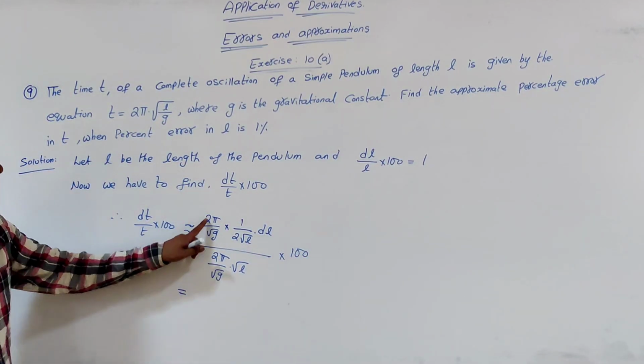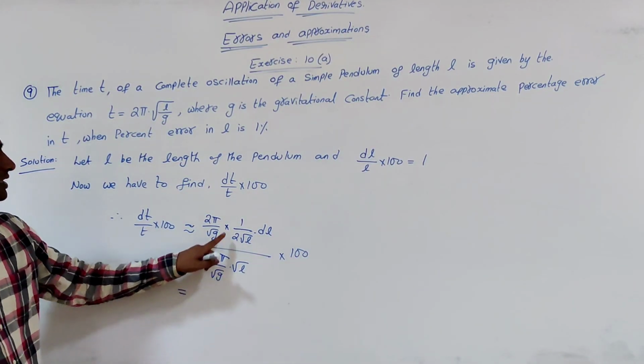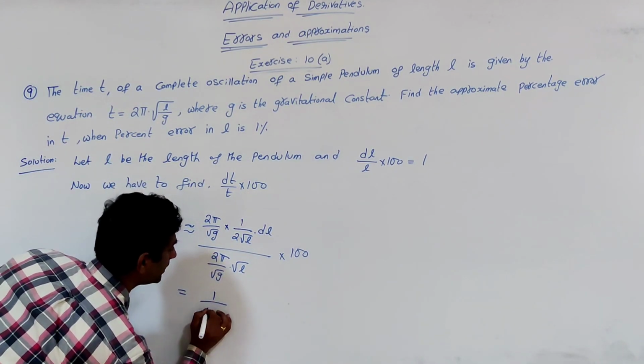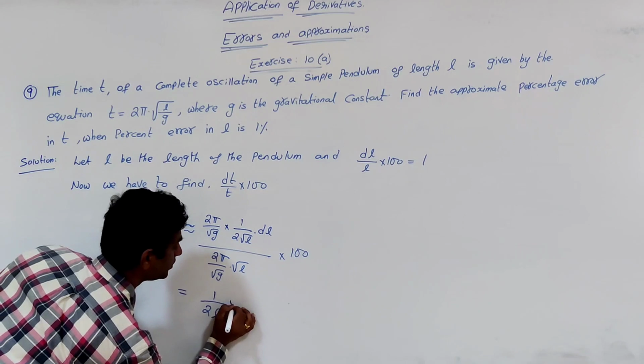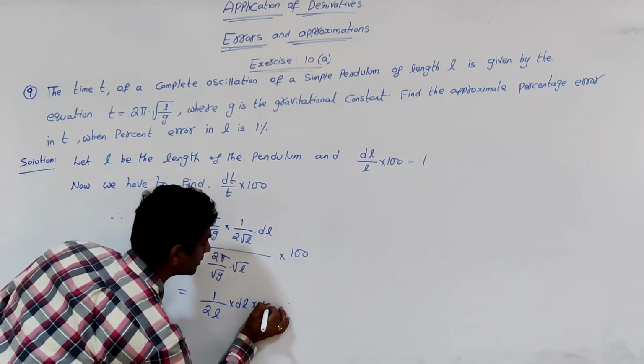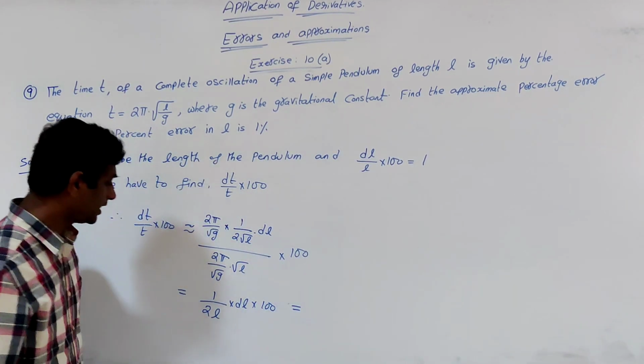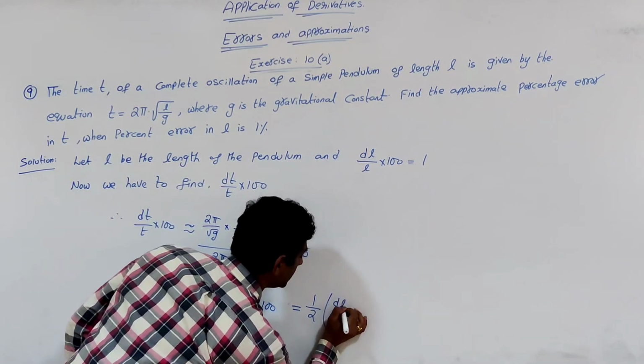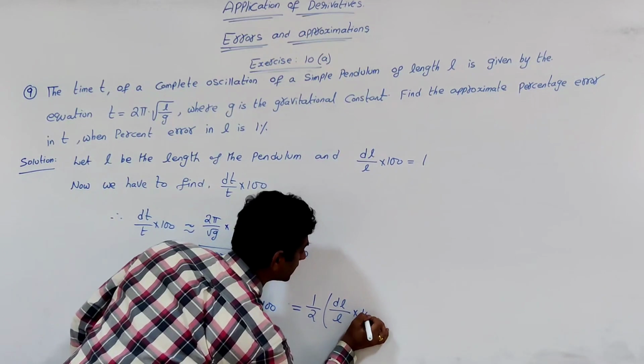The 2 pi by root g gets cancelled, and 1 by 2 root L by root L will be 1 by 2L into dL into 100, which we can write as 1 by 2 times dL by L into 100.